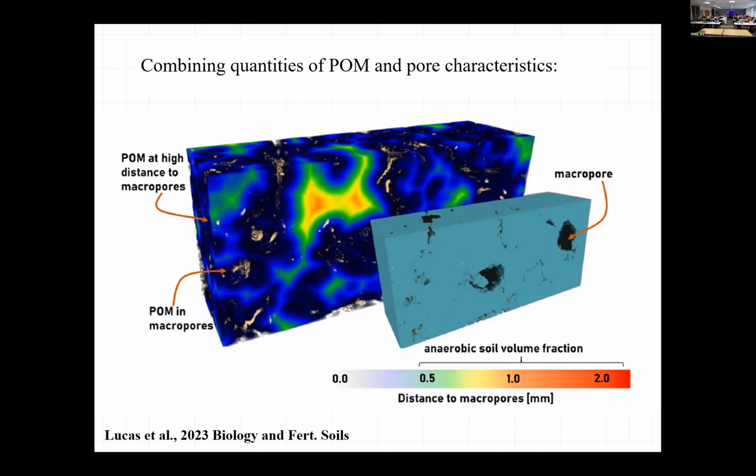What worked the best was a combination of particulate organic matter information from the images with a characteristic of where those pieces of particulate organic matter were in the soil matrix.